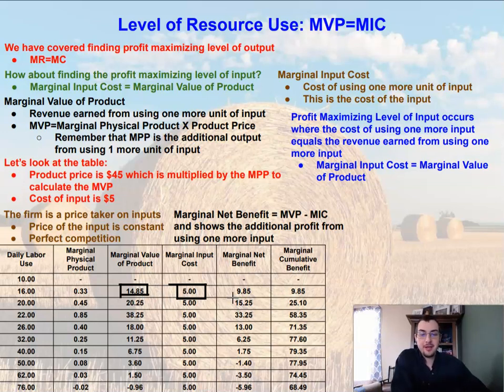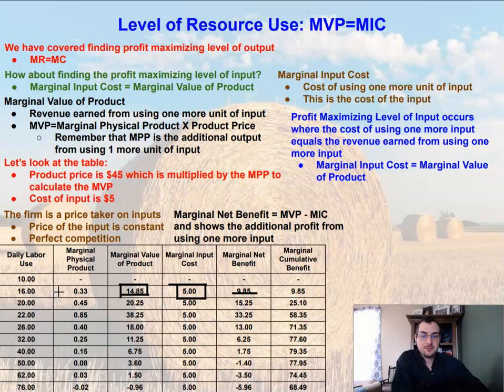That marginal net benefit is $9. So are you going to use that extra hour of labor? Well, yeah, you're going to use that extra hour of labor because that extra hour yielded you $14.85, whereas it only cost you $5. So by using that same logic, we increase production from 16 to 20.